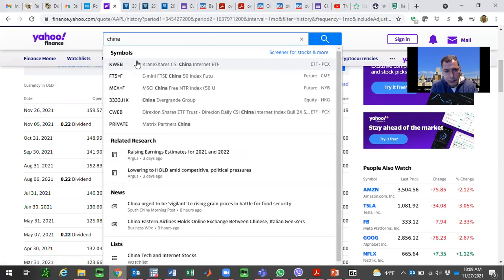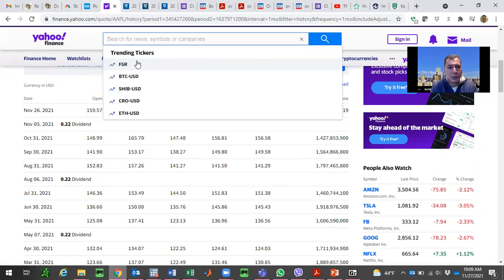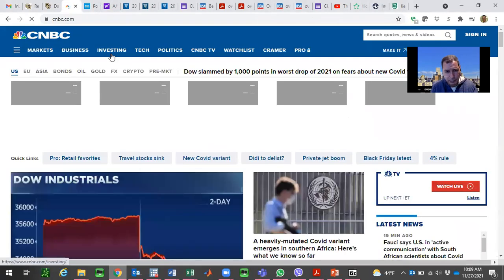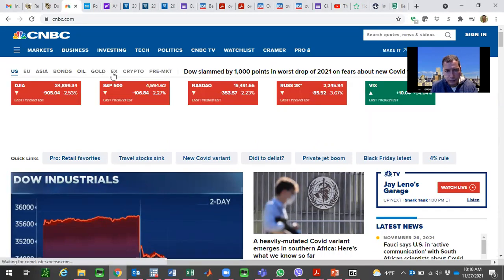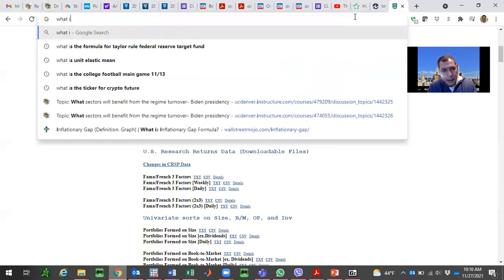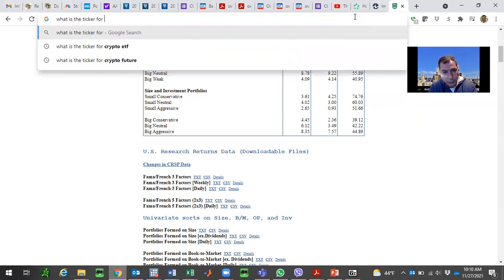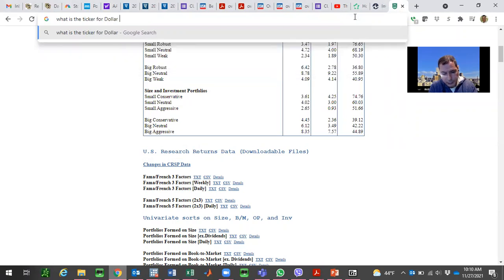There should be a ticker. You can find it from here. What is the ticker for dollar yuan?